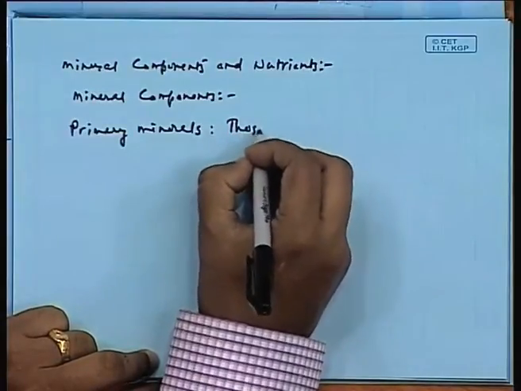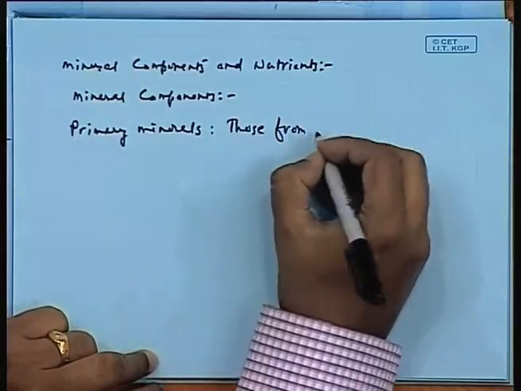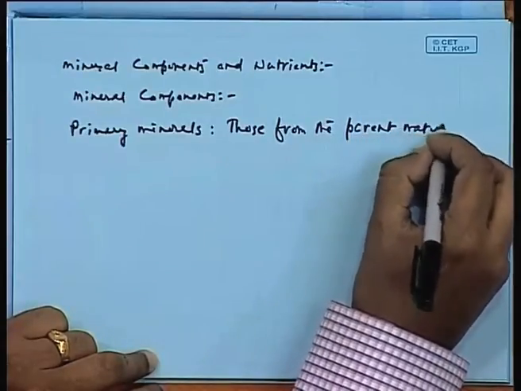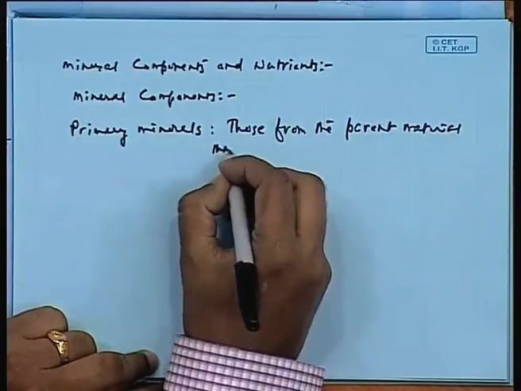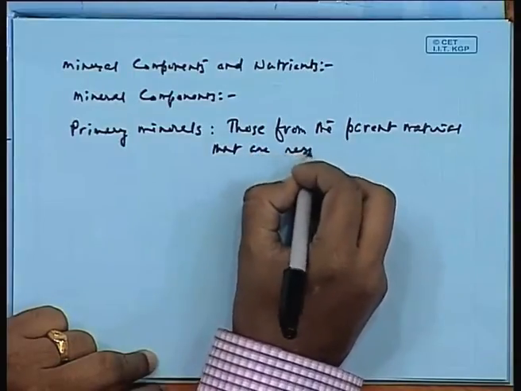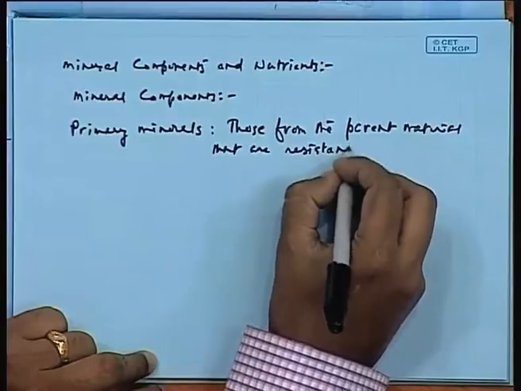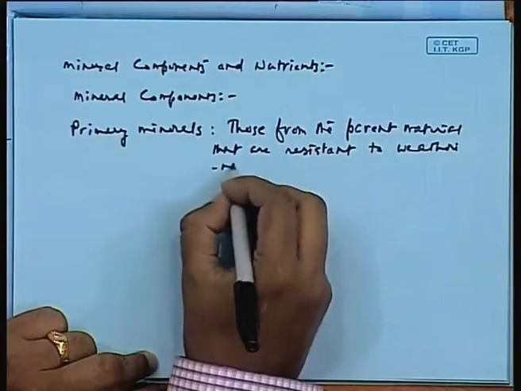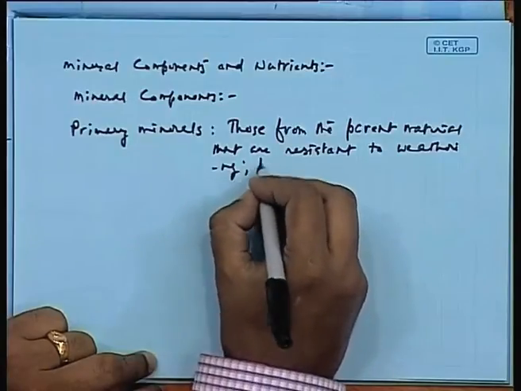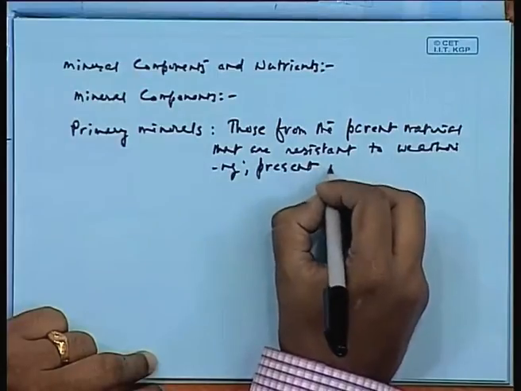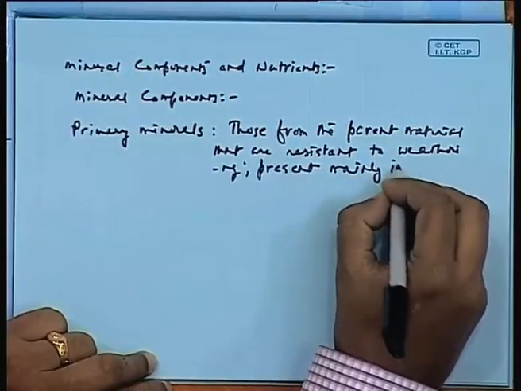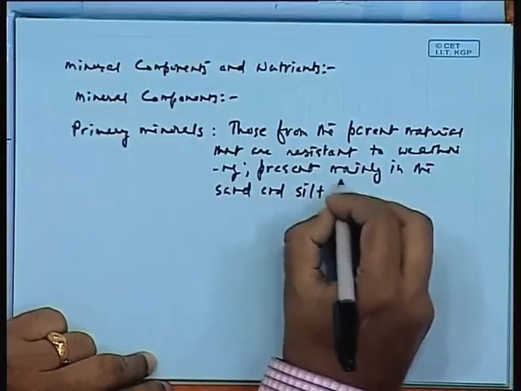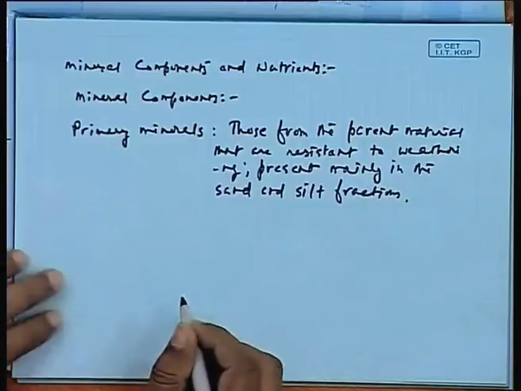This is how to identify them in the soil: those from the parent material that are resistant to weathering, present mainly in the sand and silt fractions.